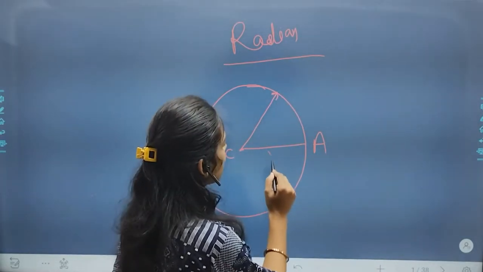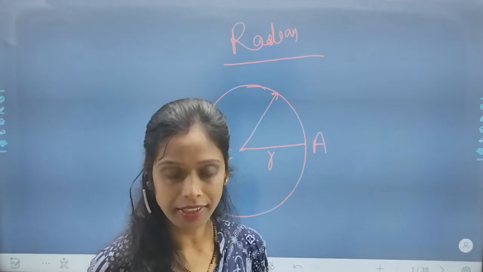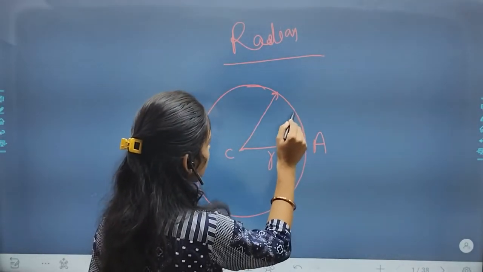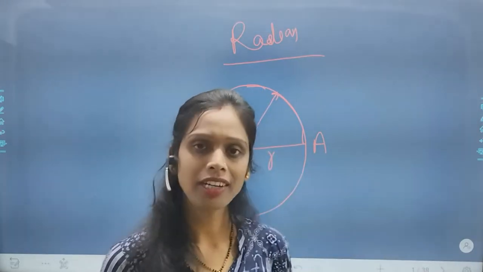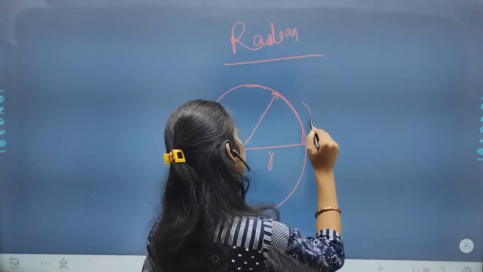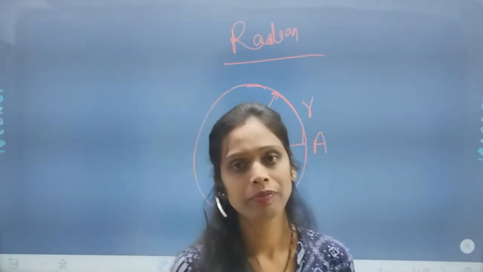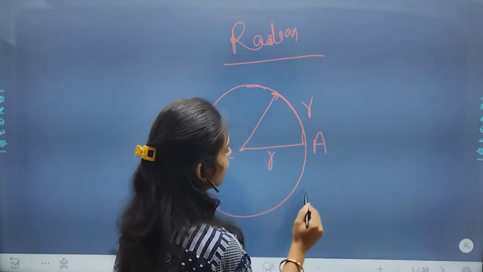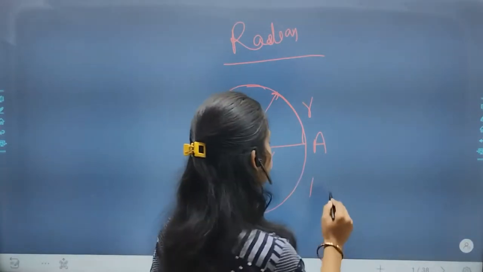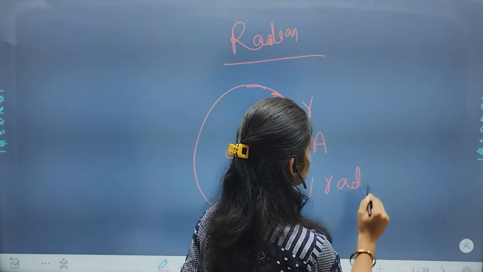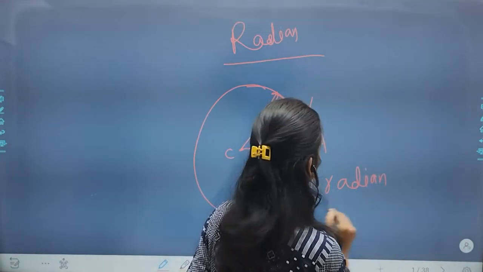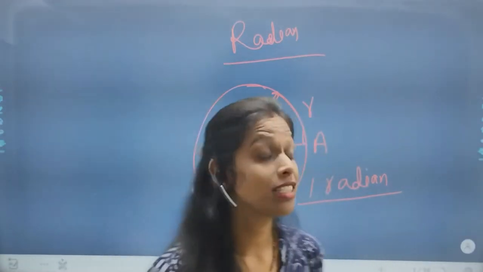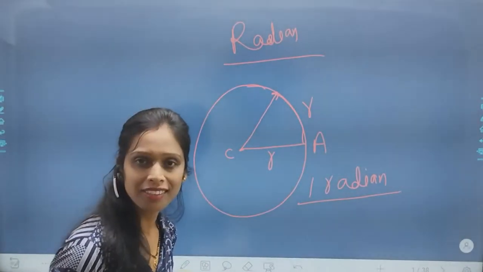When it rotates from here to here, its arc is also marked. This is called one radian. This is the concept of a radian.